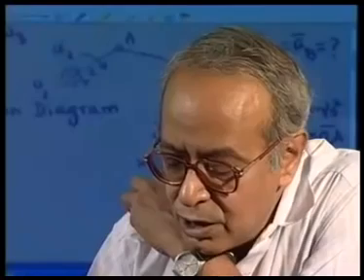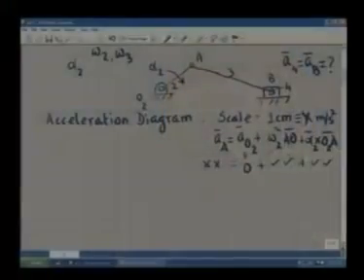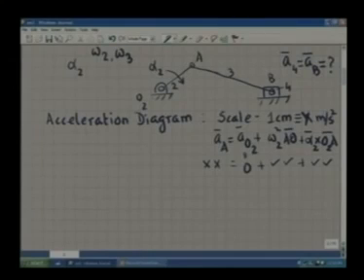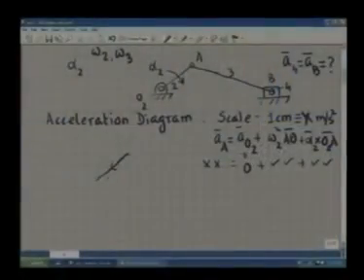So first I draw acceleration of A, which has 2 components, omega 2 squared AO. So this is the direction of the vector AO. So I start from this point in the acceleration diagram, and to the chosen scale I draw this vector to represent omega 2 squared AO. Then alpha 2 cross O2A, which is perpendicular to the line O2A, and this line is parallel to O2A.